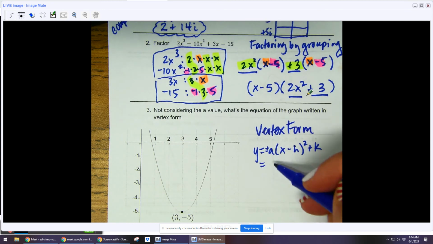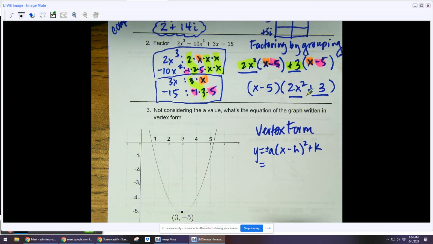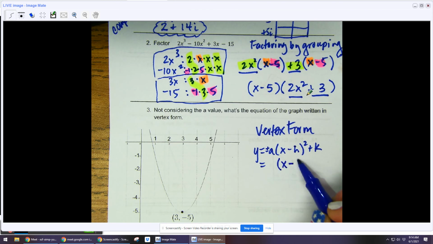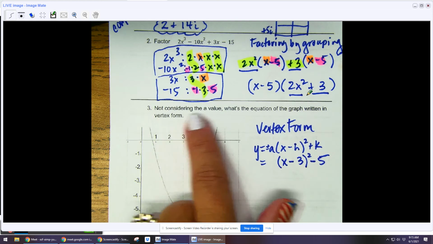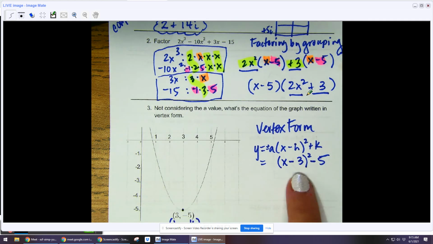And so we've got a vertex of 3 comma negative 5, x minus 3 minus 5. So this is my h, this is my k. Because it's saying not considering the a value, what's the equation?